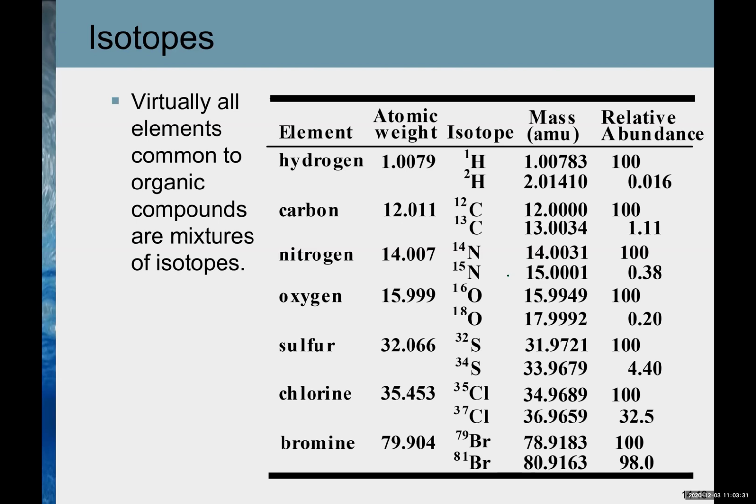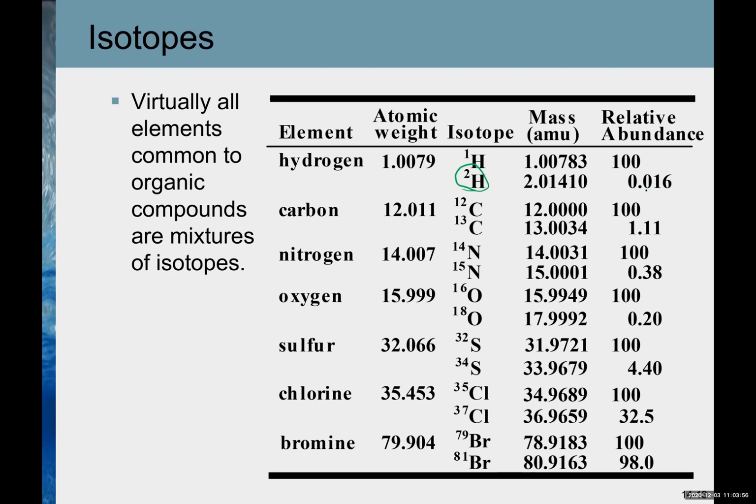Now, all elements which are commonly found in organic compounds, all of them have isotopes. This table shows most common isotopes and their relative abundance. For example, hydrogen. The other isotope of hydrogen is deuterium.